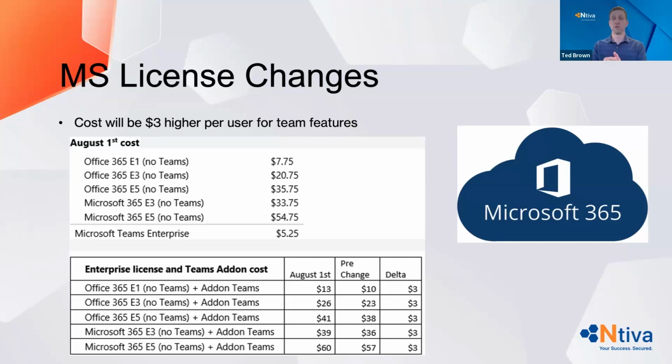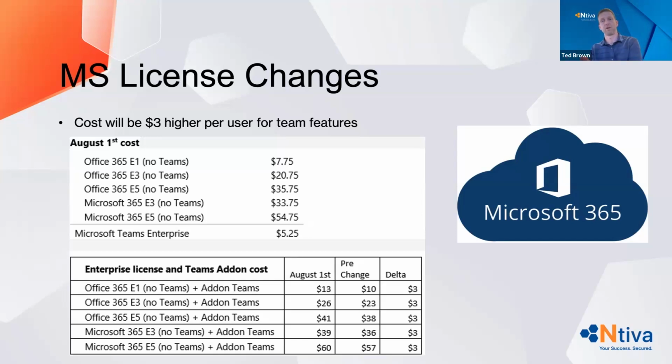Now, what can you do? Let's say you're thinking about a project and you go, hey, I do have plans to move to E5 next year, but I just don't have it in the budget. I have E3 today. What you can do is purchase one license before August 1st, and that will grandfather you in for the history of that SKU.